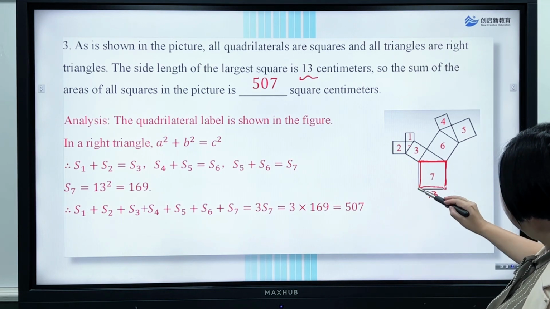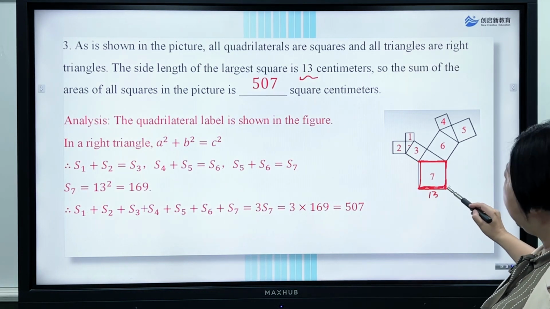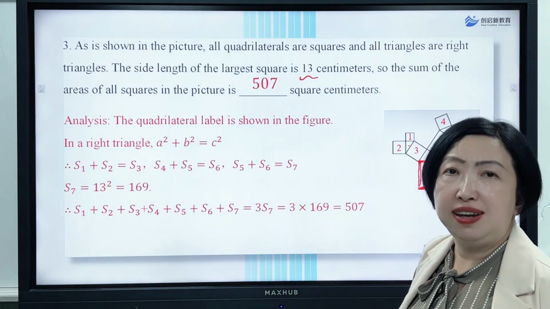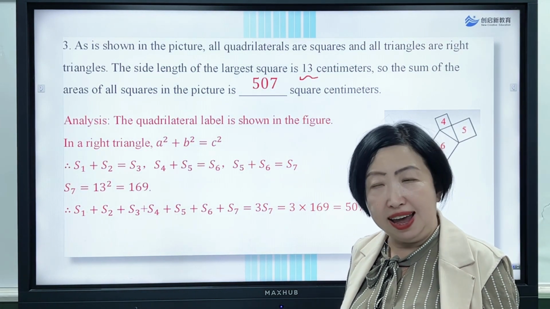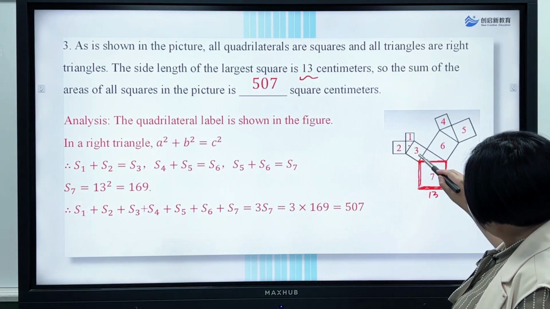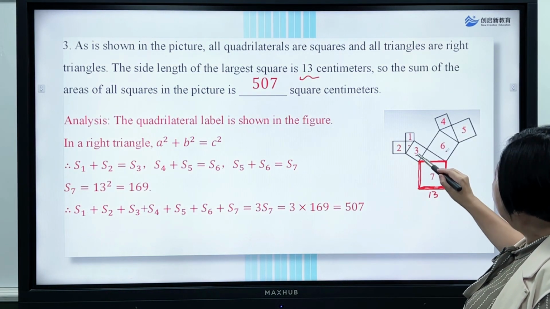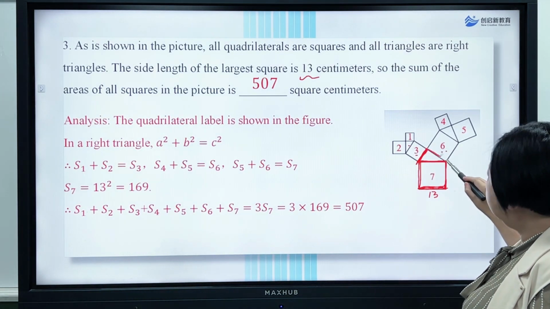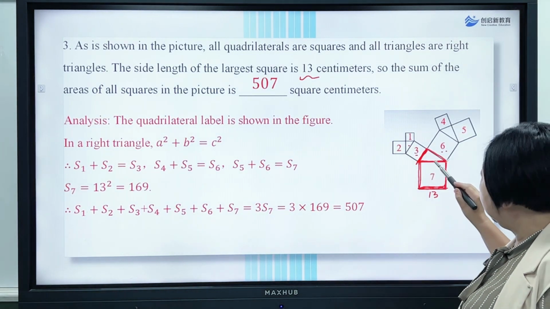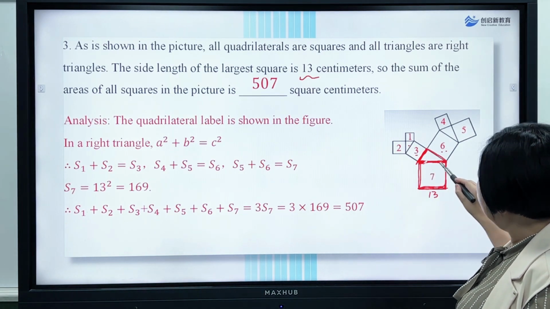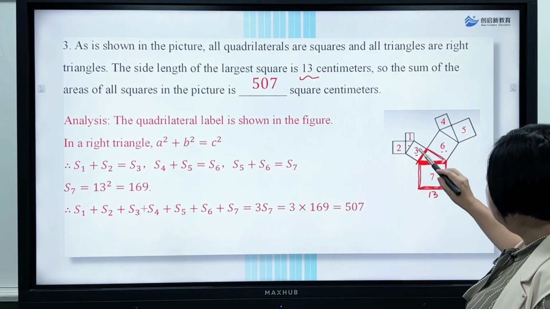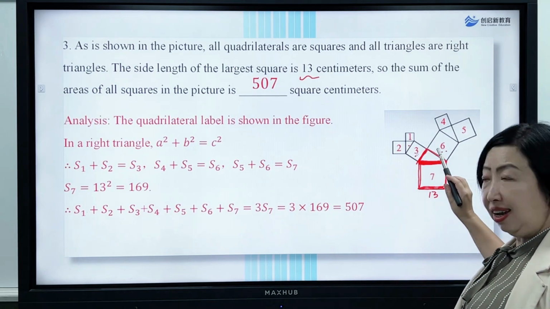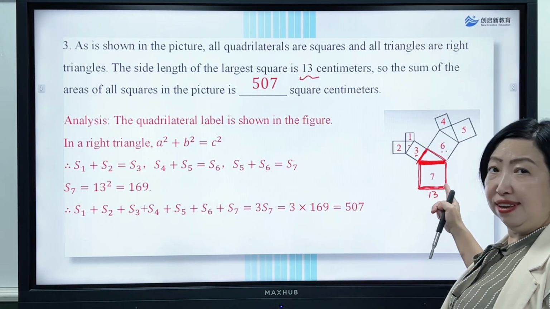Okay, here the length is 13. We know the area is the square of 13, which is 169. The square of a plus the square of b equals the square of c, which equals this one. So number 3 plus number 6 equals number 7.